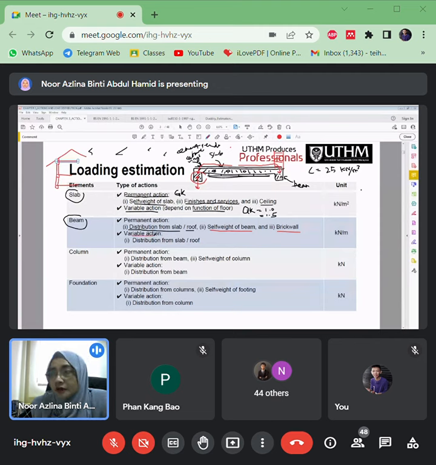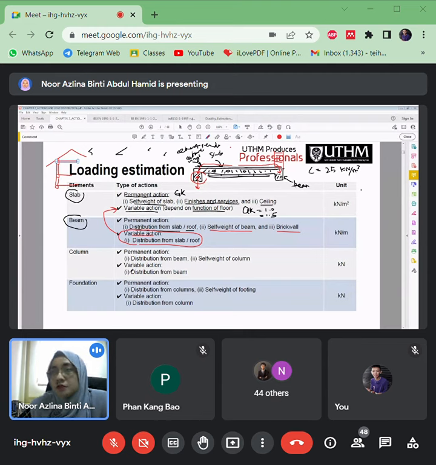And then variable actions. This is actually not included in the beam, because we've already calculated it in the slabs here. There's no function for the beams, right? The functions are normally applied on the slabs, for the floor. The usage of the housing is normally on the slabs.